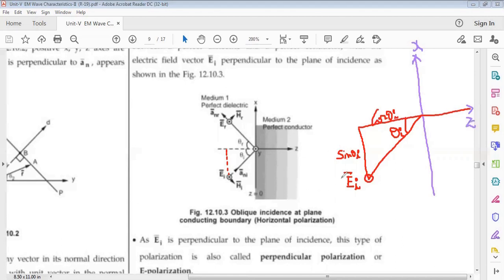So we start at the EI bar, take the direction, travel in this direction, and end at the boundary surface here. So the direction shows towards the x-axis here. Let us take this right angle triangle to find out ANI bar.